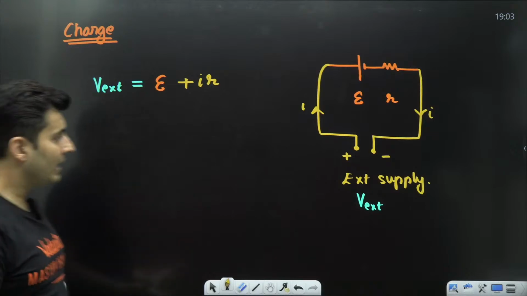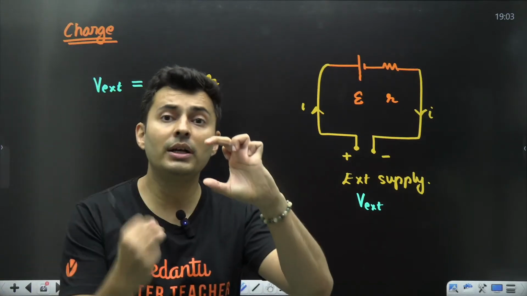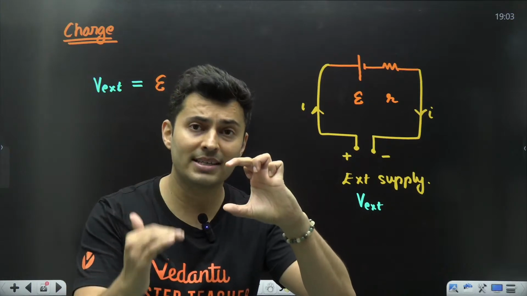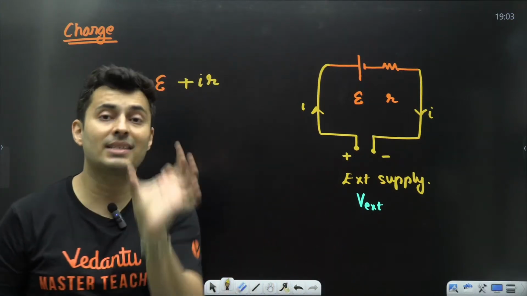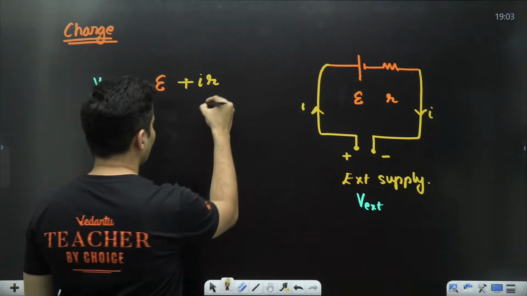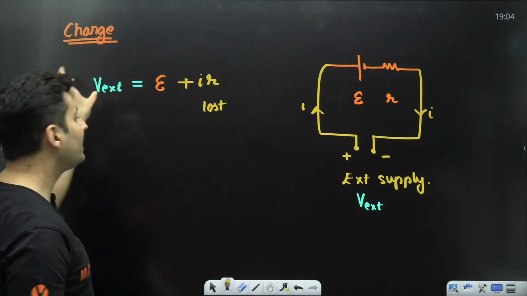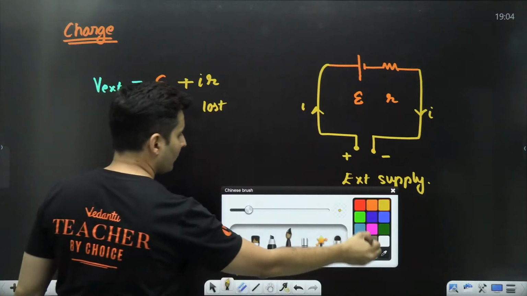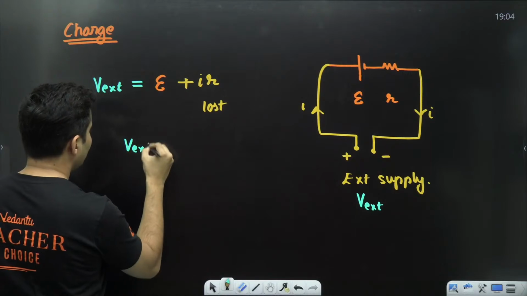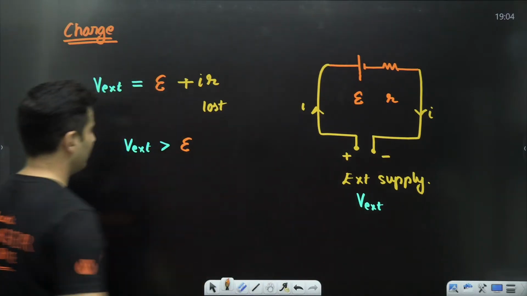Whereas when you are charging it, if you want to charge a battery of 1.5 volts, you need to give it 1.55 or 1.6 or 1.7 volts, because some energy will be lost in the internal resistance. This is lost while charging. That's why you need to give slightly more voltage than the actual rated EMF.